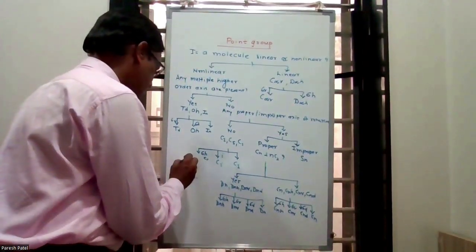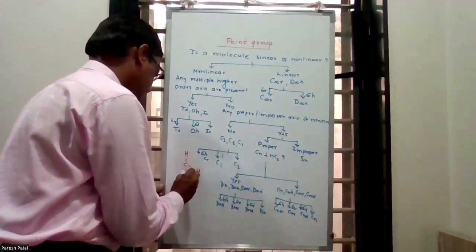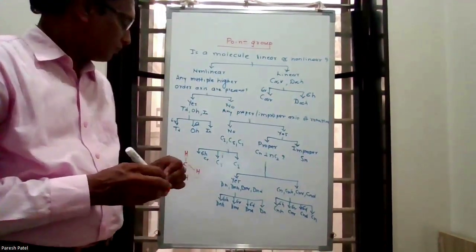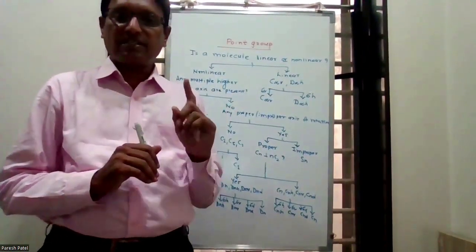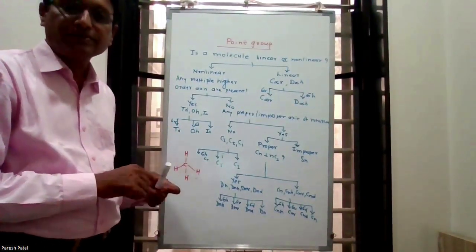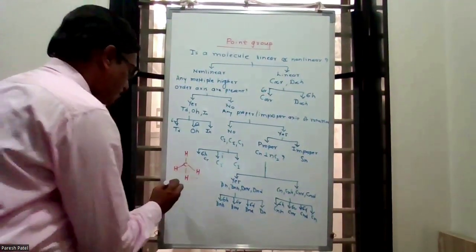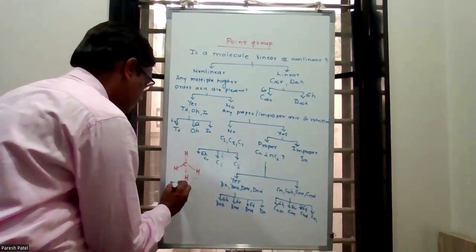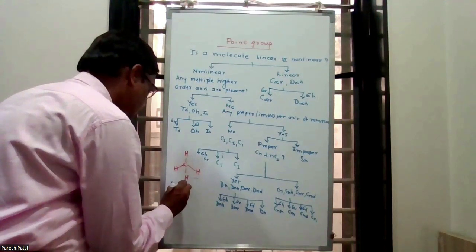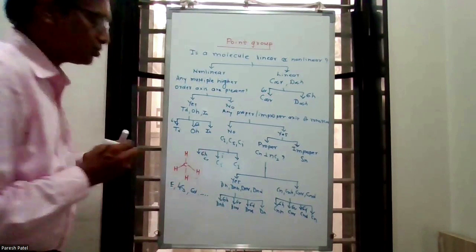Next one is methane molecule. Now we know that methane is tetrahedral. The shape of the methane is tetrahedral, and this molecule consists of E, 4C3, sigma D, and so on.